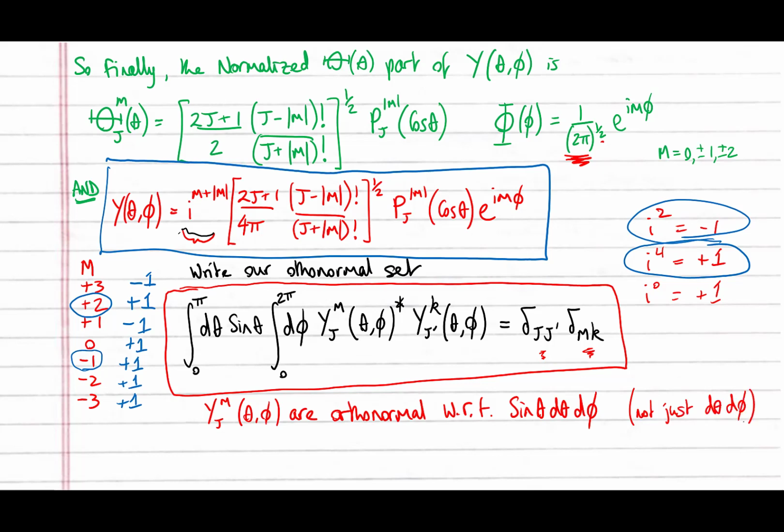That's why this sine theta term is on the left-hand side. What else? I'm going to come to a conclusion in a second. In fact, let's see if we can fit that in down here.